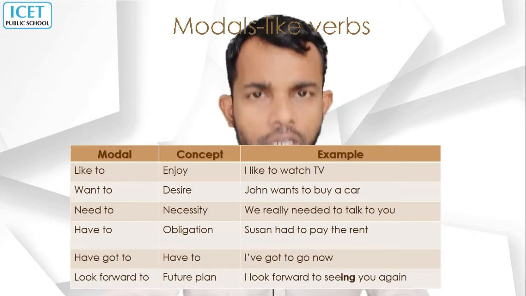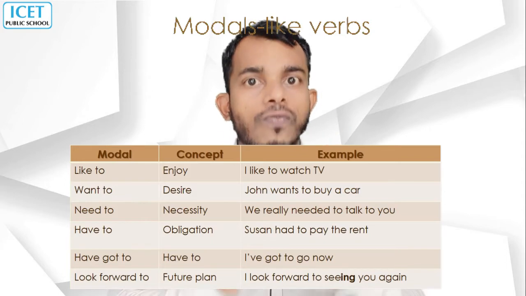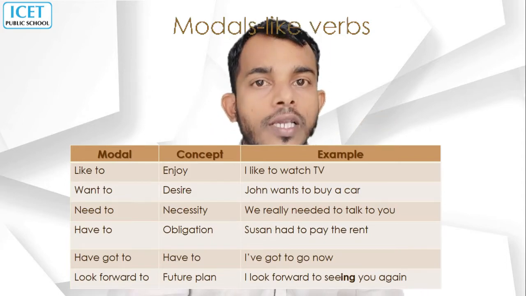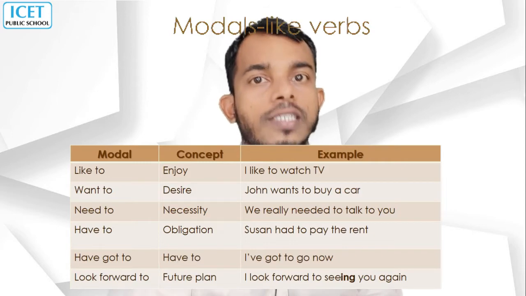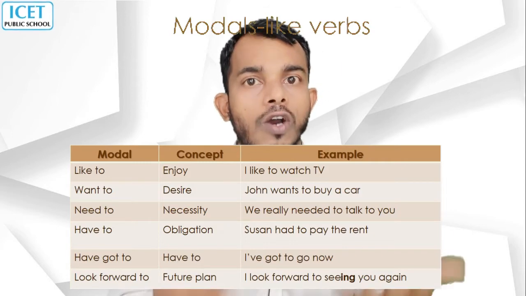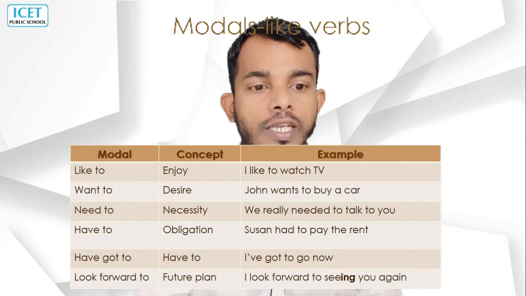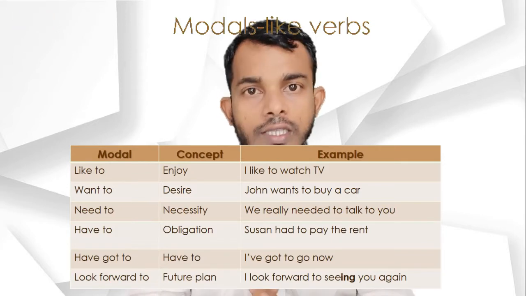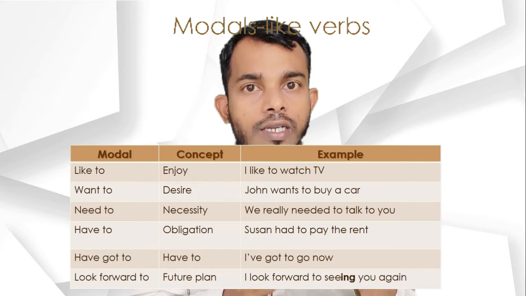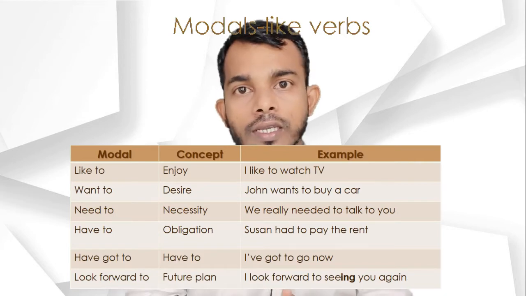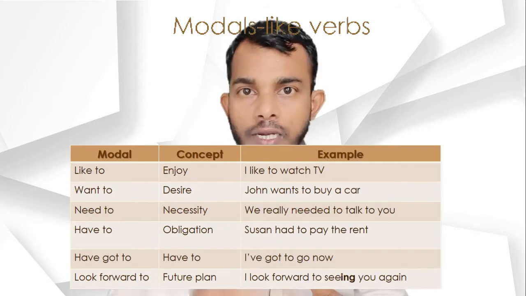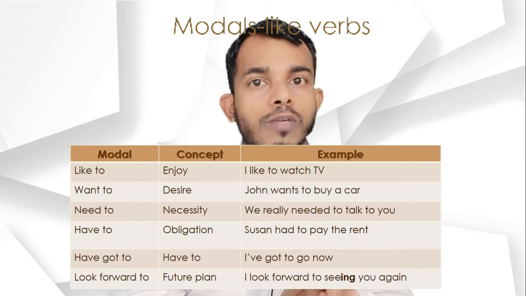These show the characteristics of a modal auxiliary, but they are actually not modal auxiliaries; they are used in a sentence in the meaning of a modal auxiliary. Like to, meaning enjoy: I like to watch TV. Here, with like we can make I am liking or I like to watch, that is possible, but for a real modal auxiliary it is not possible.